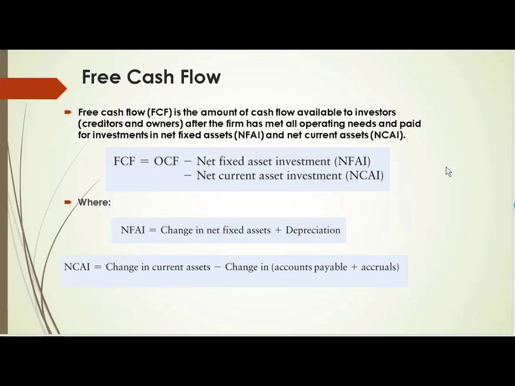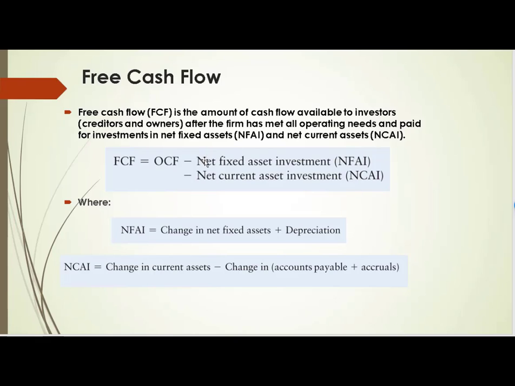What can we do with free cash flow? Right? We could use this to pay dividends, to pay interest, to buy back stock. We could use this to buy back debt, right? So all of those things are possible. So free cash flow is the operating cash flow minus all of the fixed asset investment.